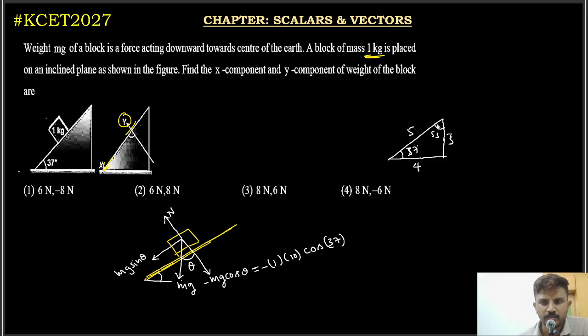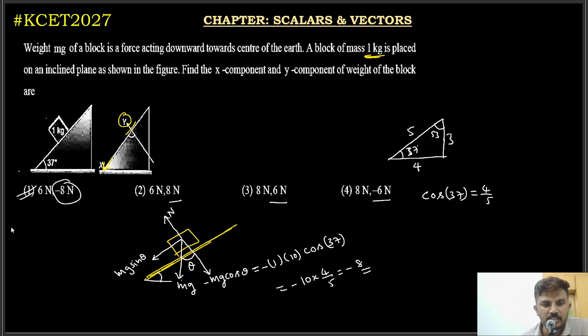Okay, this you should remember. So from this triangle, what is cos 37? Adjacent by hypotenuse, that is 4 by 5. So that is minus 10 into 4 by 5. That is minus 8. So minus 8 is there in which option? Here in this option. So option 1 is correct.